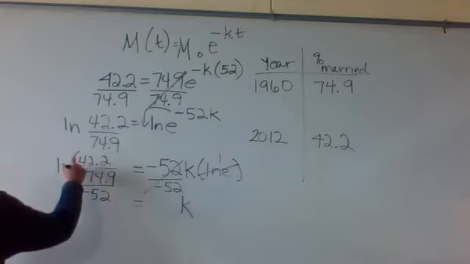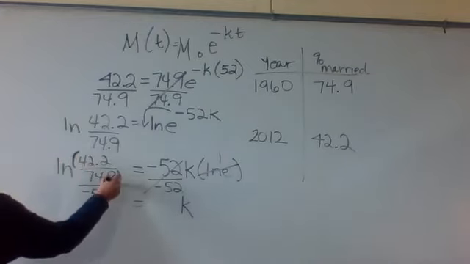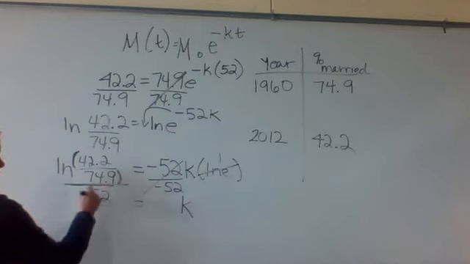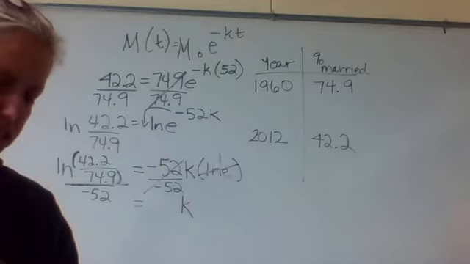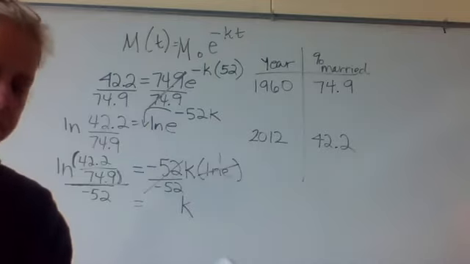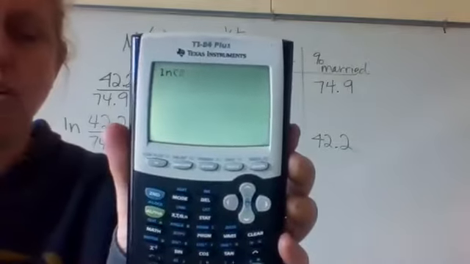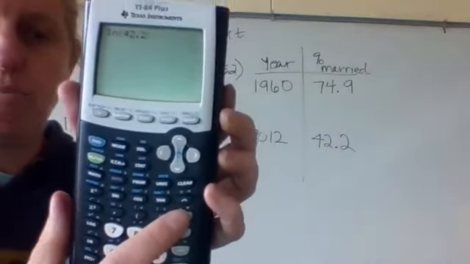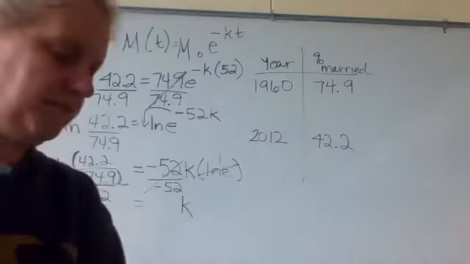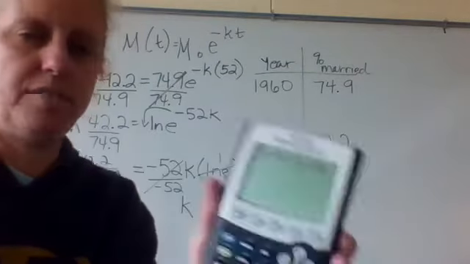Remember, when you're doing the ln, you're going to want to put a parenthesis around the top and then divide it by negative 52. So let's try this. ln 42.2 divided by 74.9. Close it.